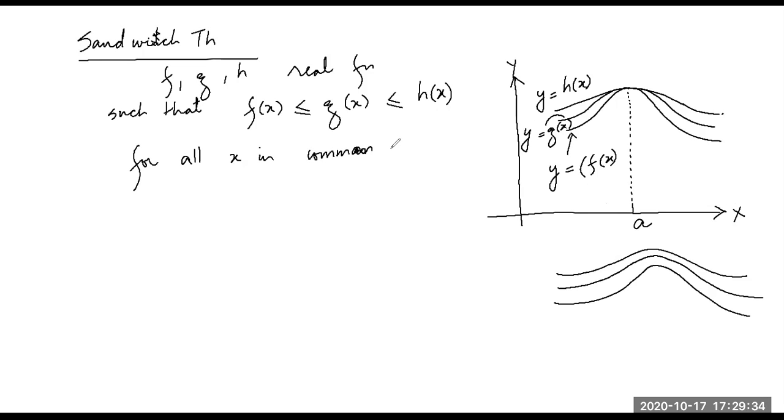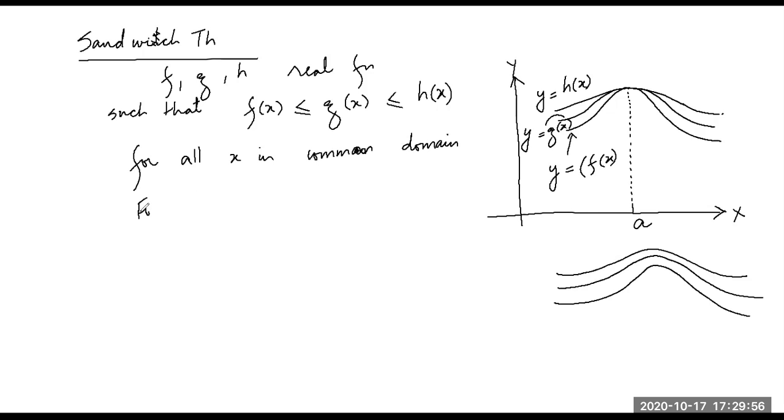This is the meaning of common domain. I'm taking some set of values for x, maybe till here, maybe further, starting from x equal to 0, and more values, right? That is how I'm defining this.